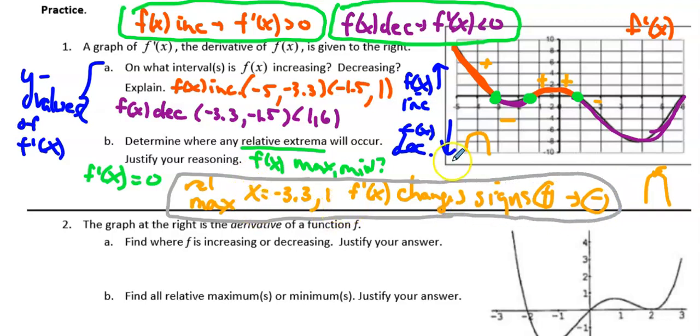And where else can I find room? For the last one, where is this going to have a relative minimum? The relative minimum is going to be at x equals, what did we say, -1.5. And it's going to be the same justification as before.